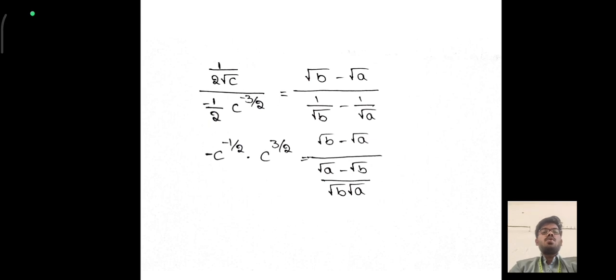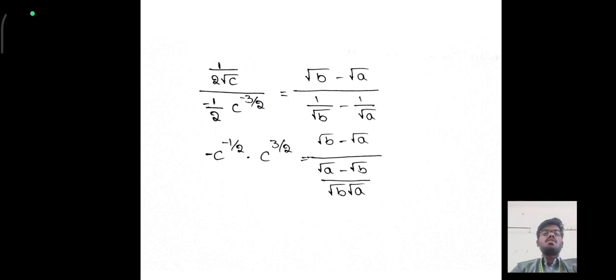1 by 2 root c, whole divided by minus 1 by 2 c power minus 3 by 2, is equal to root b minus root a, whole divided by 1 by root b minus 1 by root a.